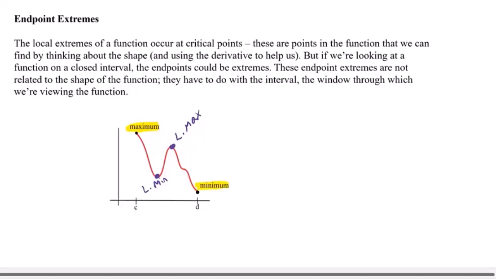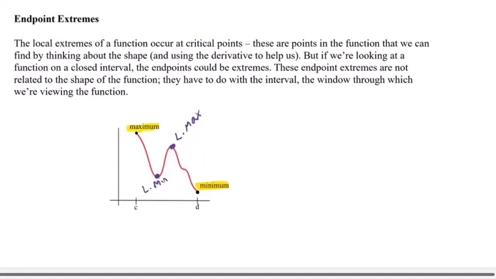But you're never going to find them with critical points, because a critical point would mean that we would know that after we're here, it's going to go down. But we don't know. It could continue up forever.